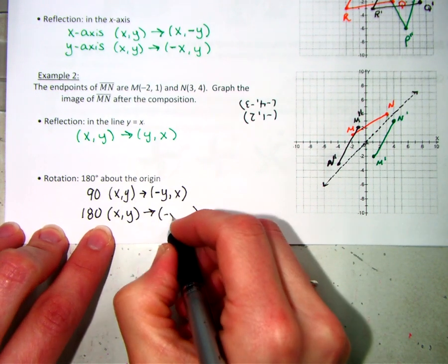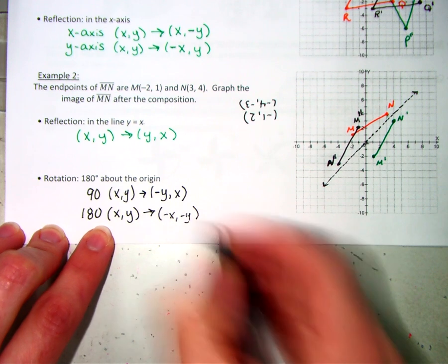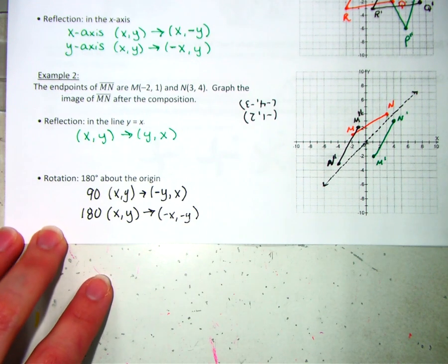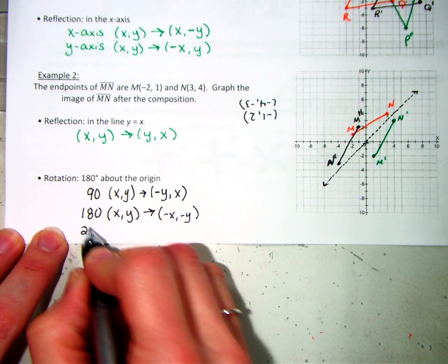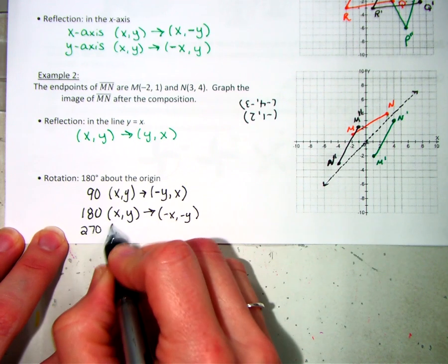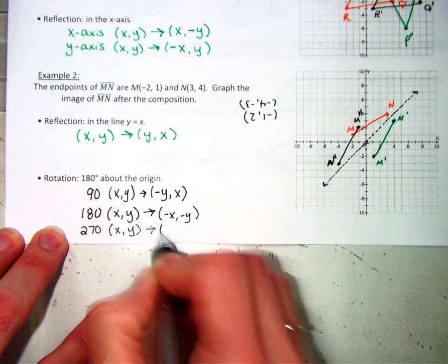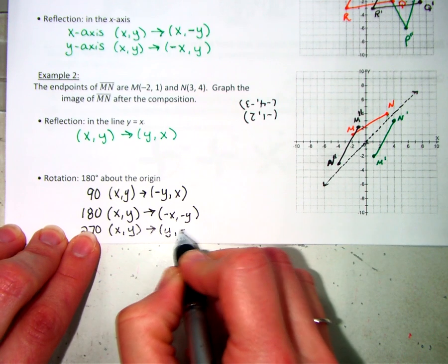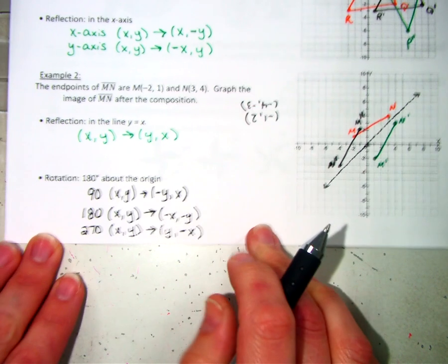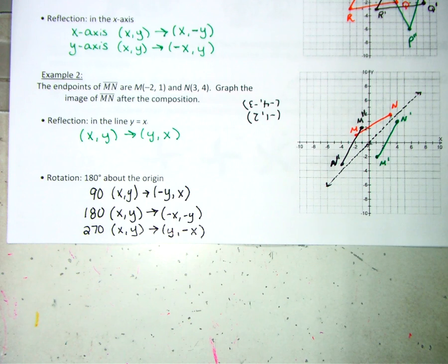So it's actually -x, -y for 180 degrees. They don't switch position, they just switch their sign. And then the last one is a 270. You can have those there for reference if you want them, or you can use them if you think, wow, that's a lot easier than drawing it out.